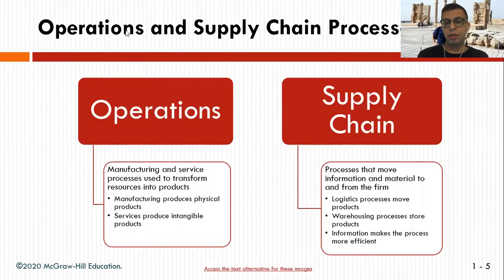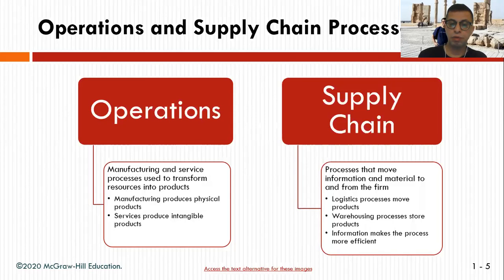Now, the operation and supply chain process is, as we said, first operation, and then the second part is the supply chain. The operation is made of manufacturing and service processes used to transform resources into products. So you have a material, a semi-finished or raw material, and you process it into the product for another supplier or the end user customers.